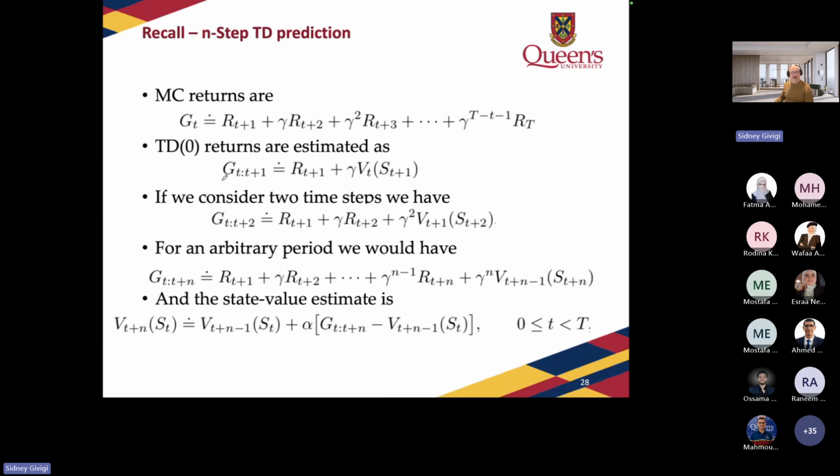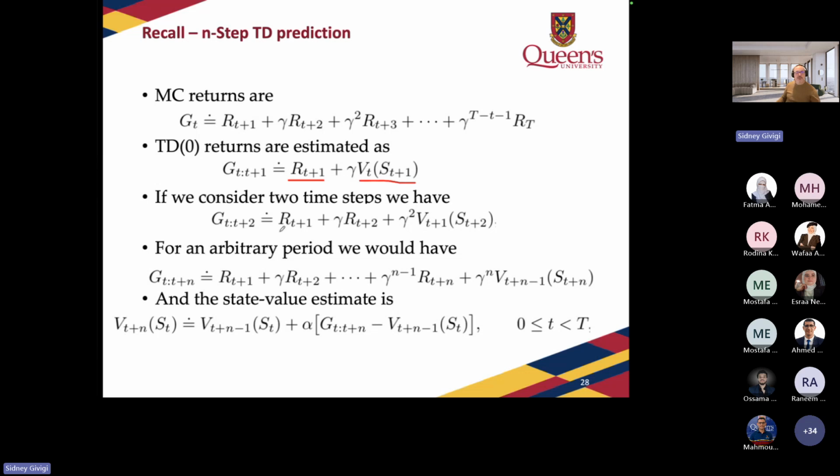So our return is going to be based on only the first reward plus the value that we estimate for S_{t+1}. And then we've seen this last time, that when we do this, we have more updates, and these updates are faster to create convergence in our system in most cases, okay? I also mentioned that we could do this for more steps.